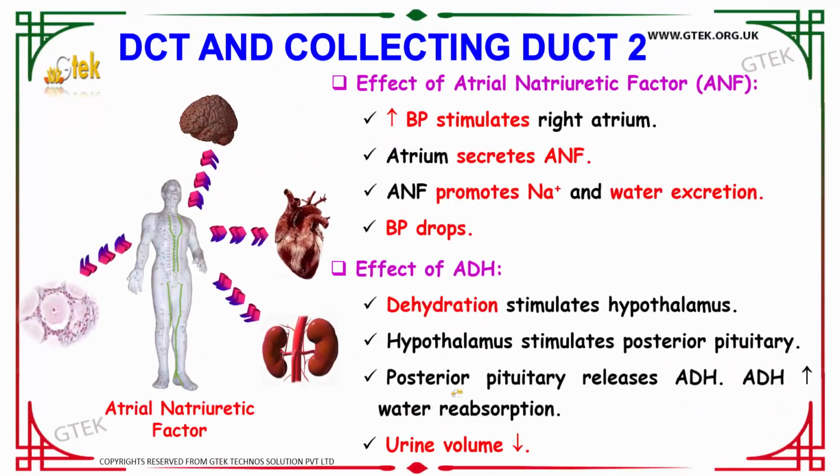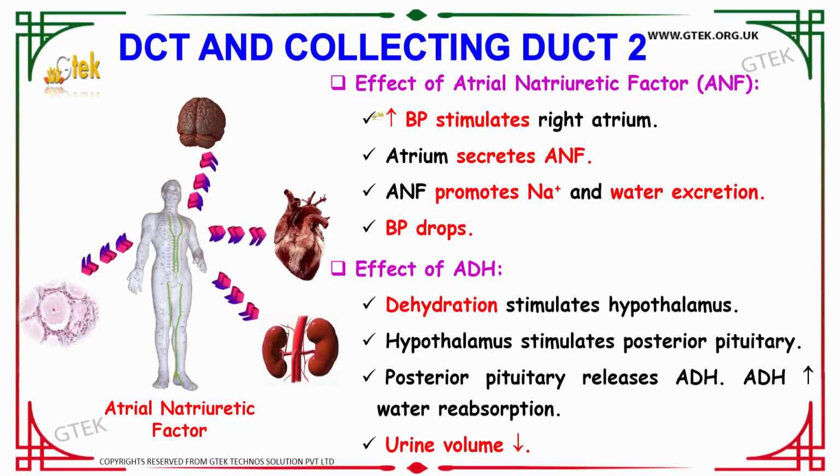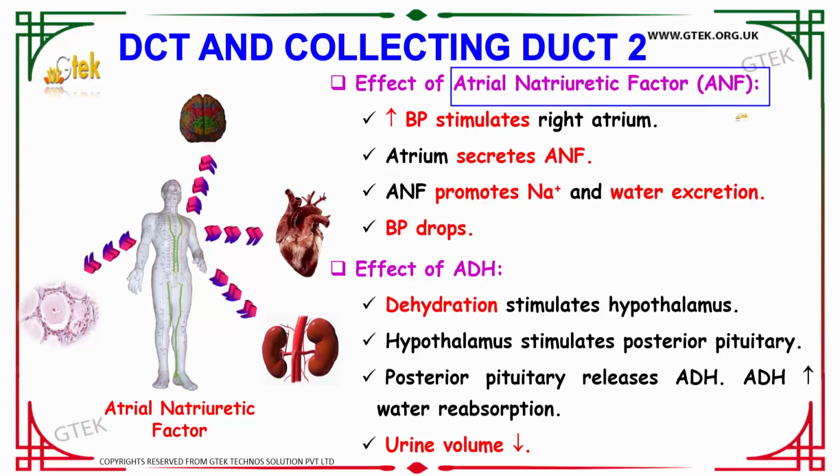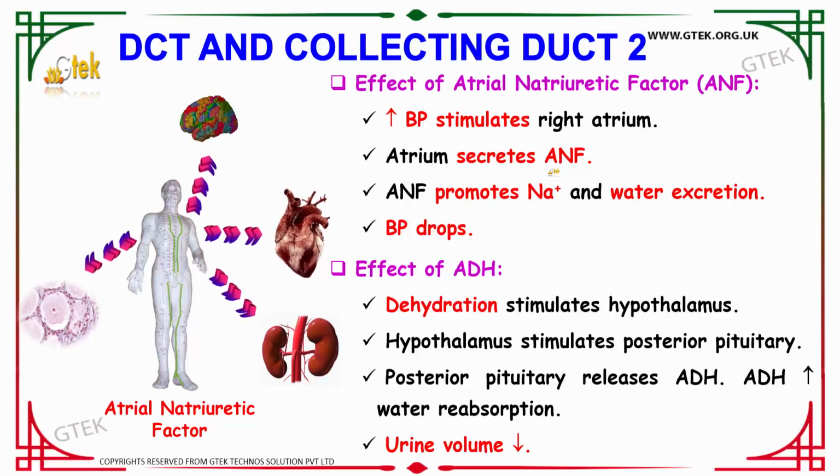Next we are going to study about the effect of atrial natriuretic factor, which is ANF. In atrial natriuretic factor, if your blood pressure increases, it stimulates the right atrium, and the atrium will secrete ANF, which is your atrial natriuretic factor.